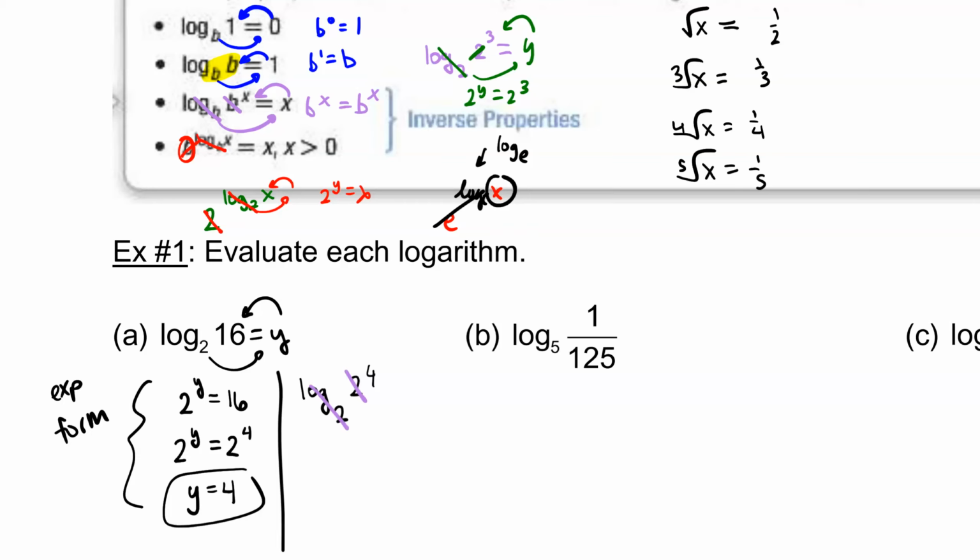So you have log base 2 of 2 to the 4th. Literally, the base I'm taking the log in is the base of what I'm trying to take the log of. Since those cancel, we're left with just the exponent, so that's why 4 equals y. All right, let's try the next one.